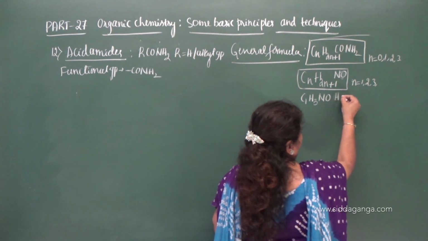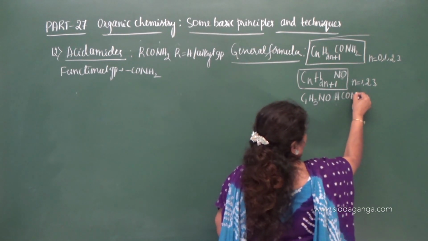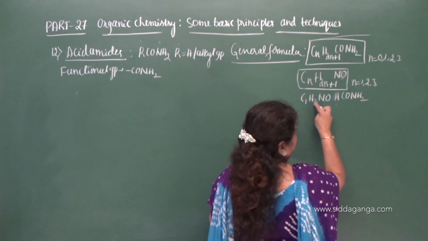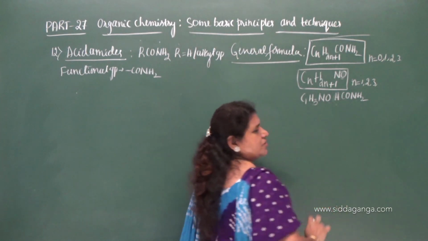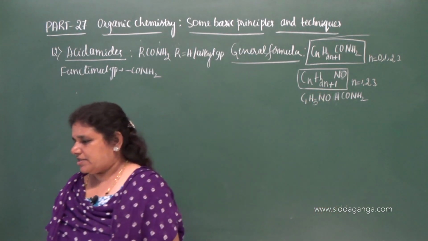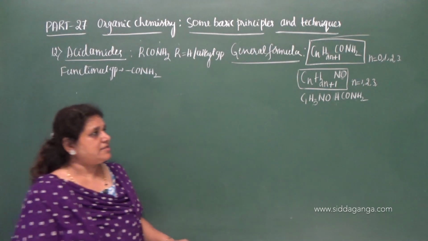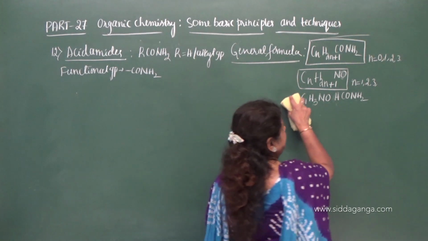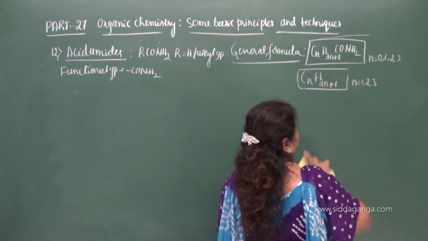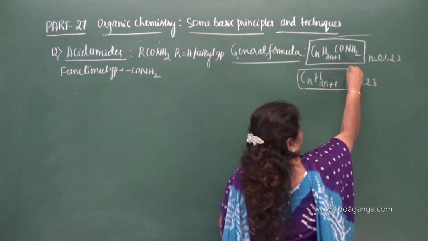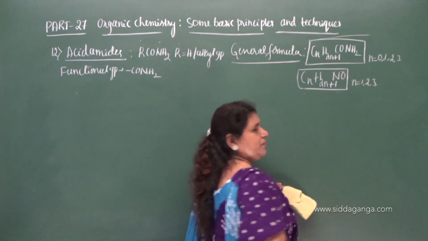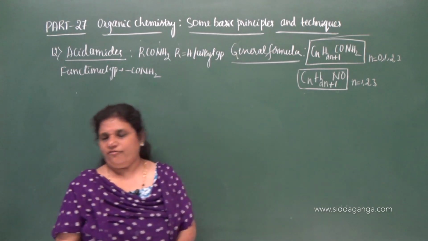Then what you get is HCONH2. See here, carbon 1, hydrogen 3, nitrogen 1 and oxygen 1. So this is another general formula, derived on the basis of the elements present in a compound. CnH2n+1NO. Clear? So this is the general formula.